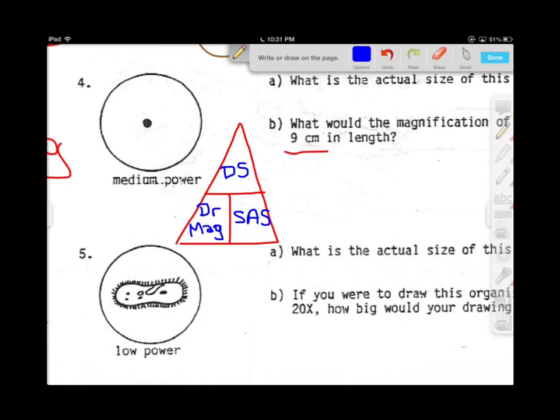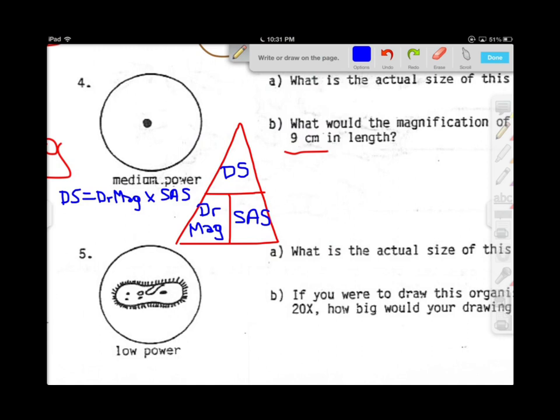So what you've got is a formula which you can rearrange. So I'll just write a couple versions of it. DS equals Dr. Mag, or drawing mag, times SAS. These ones that are side by side get multiplied by each other. The rule is you put your thumb on the one you want to find and you look at the relationship of the other two.